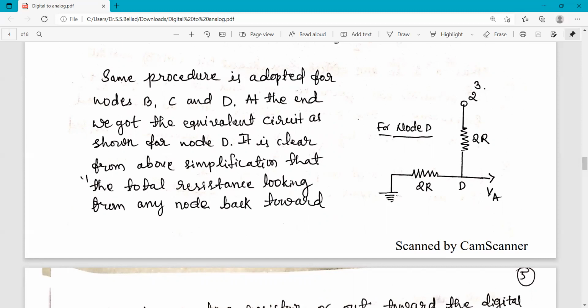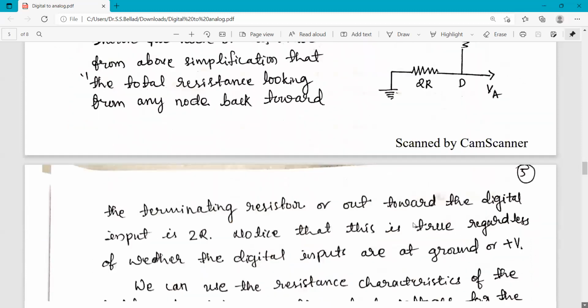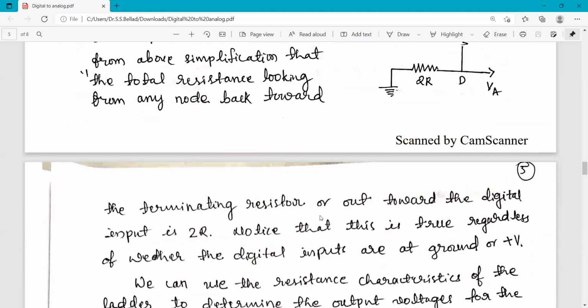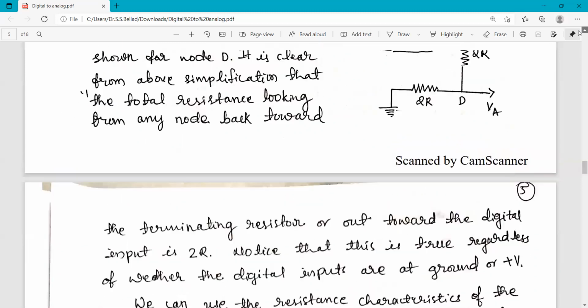back towards the terminating resistor or out toward the digital input is 2R. So this point is clear here.